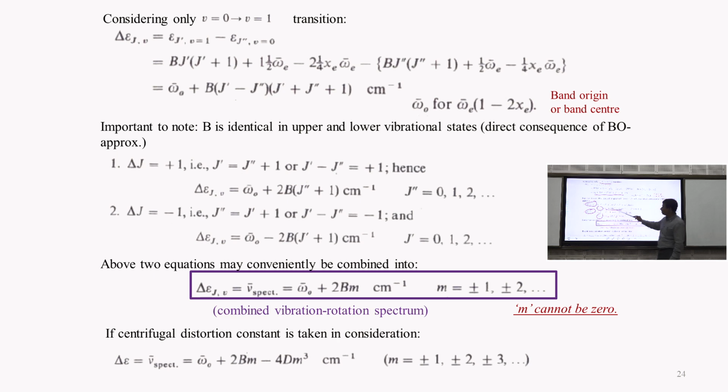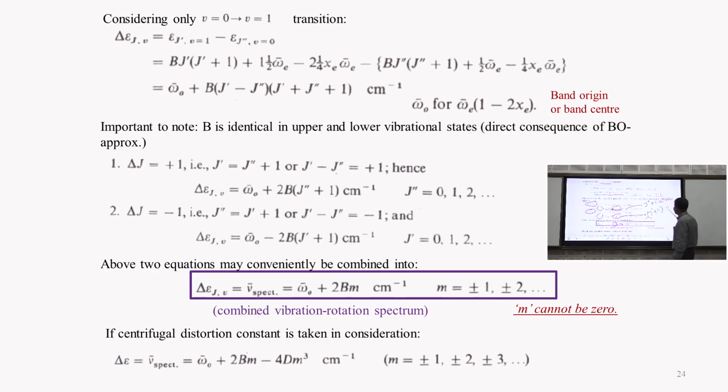These two expressions you can write in a common way: omega 0 plus 2Bm. So here m in the first case is J double prime plus 1, and in the other case it is minus J prime.